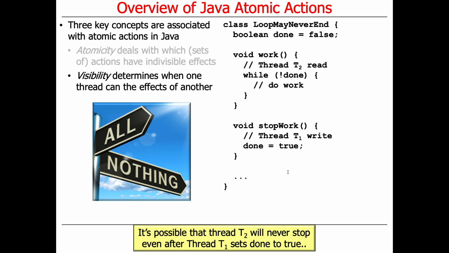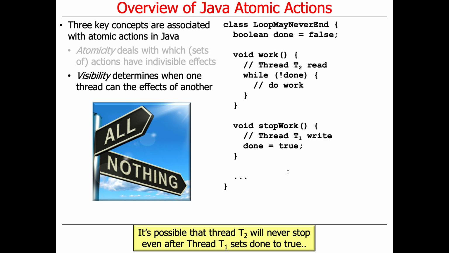And this will run in a different thread. So remember we talked before about threads being like people and they can do work. Well, here's a good example where this thread is doing some work, and at some point it's going to call stop work. And this thread's going to do some stuff, and while it doesn't think it's finished, it'll do work. And the thing that's really curious about this is even if thread T1 sets done to true, thread T2 may never see that.